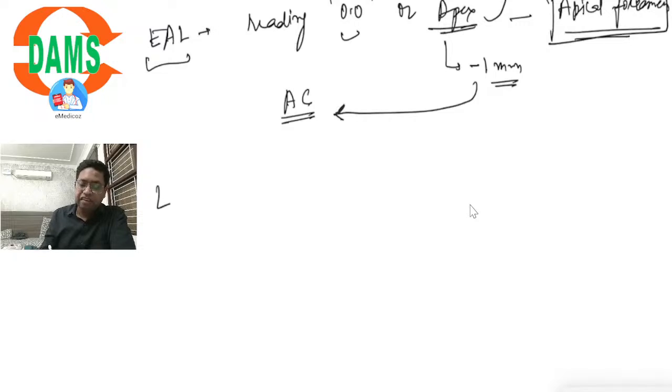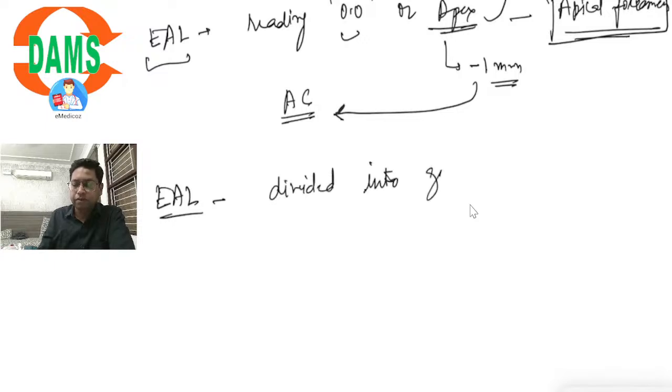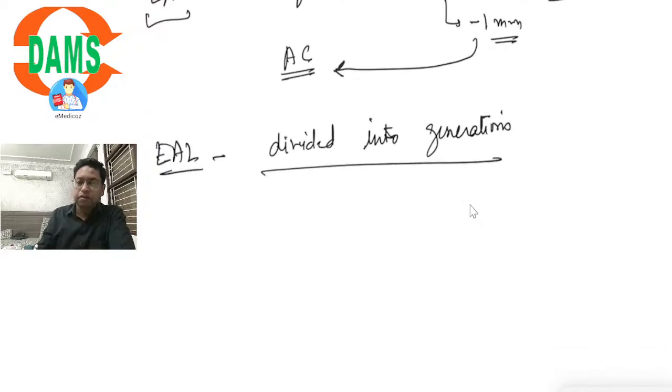These electronic apex locators are divided into generations, and this classification into generations was given by MacDonald.